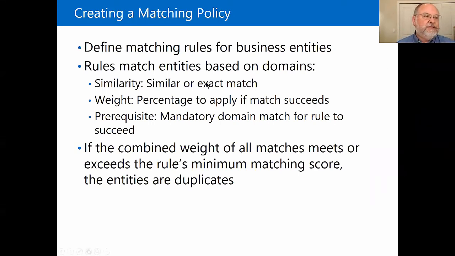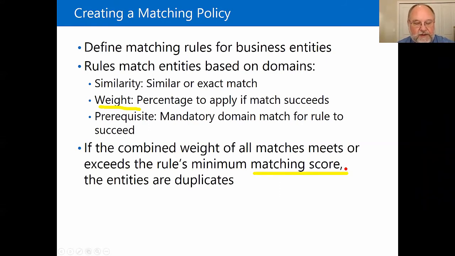Then as it runs through, it's going to look at these rules that you set up for each domain, analyze all those domains, come up with the records, and it's going to add up all the weights from this portion right here. So add up all the weights, and compare that to what we set as a matching score.